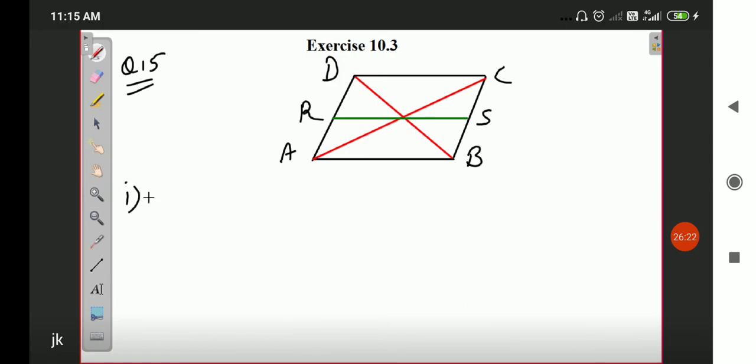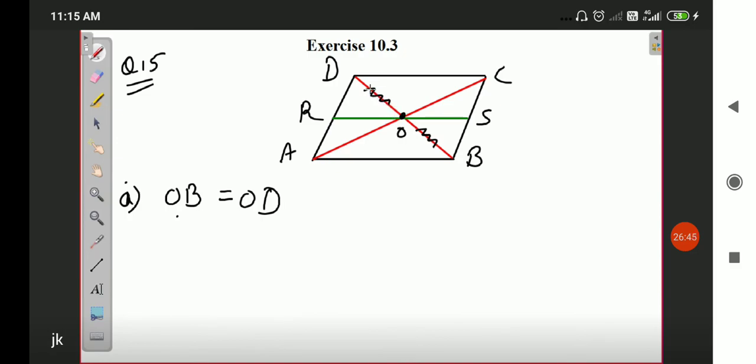There are 5 parts given, and one by one I will discuss them and provide the reasons. A part: ABCD is a parallelogram. There are two diagonals and a line segment RS passing through the point of intersection of both diagonals. This point is O. First, we have to give the reason that OB and OD are equal. OB is this length, OD is this length.